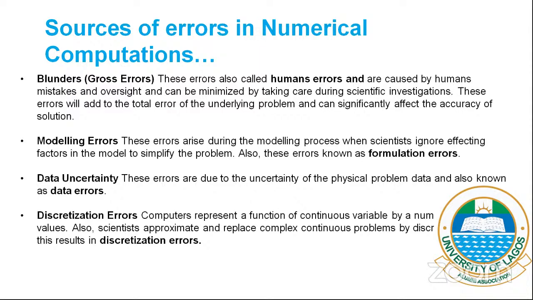Hello, sir. Sir? Yeah, what kind of errors do we have in data uncertainty? Can you give us examples? Okay, like maybe I'm trying to do a research, and maybe you have to get data from the net.